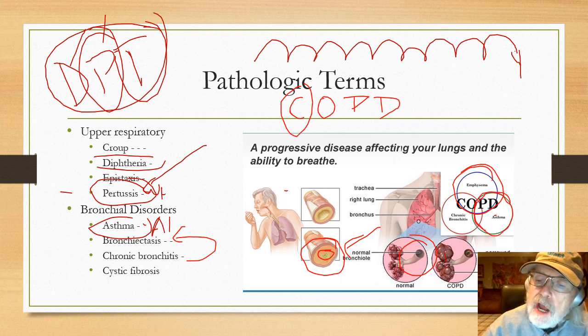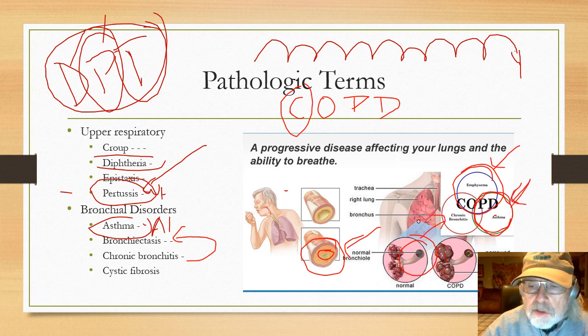Now, asthma is not the result of smoking, whereas emphysema and chronic bronchitis definitely are. Asthma is caused by things like allergy, cold, exercise, and various toxic inhalants, but chronic bronchitis is definitely part of that COPD problem, okay?